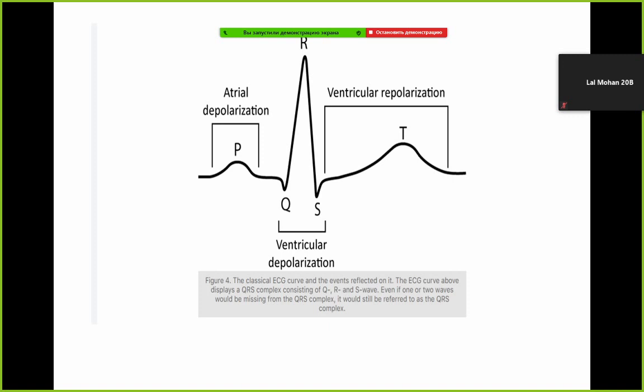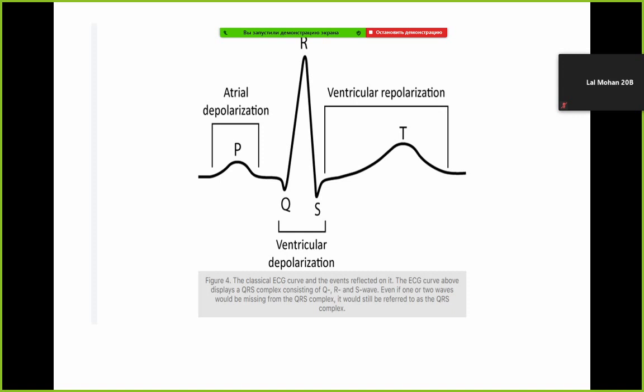This figure shows the classical ECG waveforms. The first deflection, henceforth called a wave, is the P wave, which represents activation or depolarization of the atria.